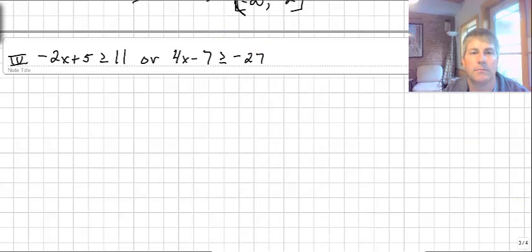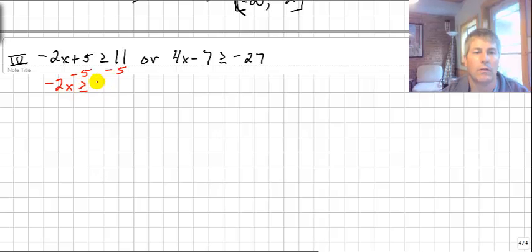Another OR problem. We'll solve the left-hand side first. I'll subtract 5 from both sides. So we get negative 2x is greater than or equal to 6. Divide by negative 2.